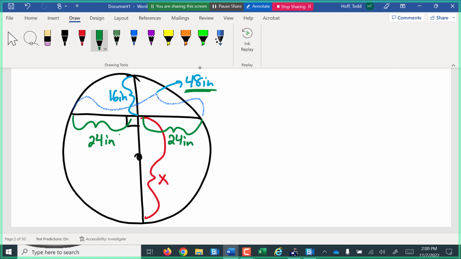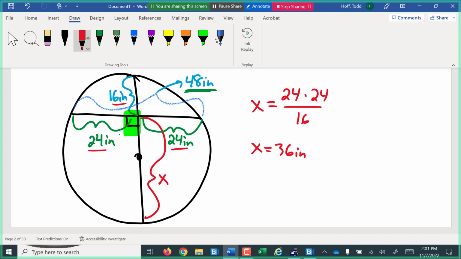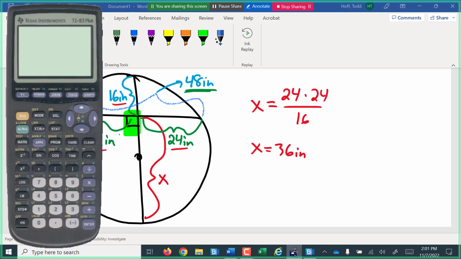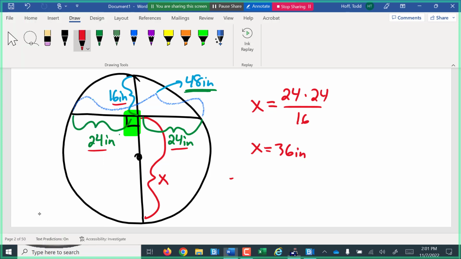Since we know this hits at a right angle, we know it cuts that chord in half because it's a diameter or a radius of the circle. So then to find x, the length of x is going to be 24 times 24 divided by 16, which is going to give us that x is what? Was it 36 inches? I gotta double check that one. 36, perfect.